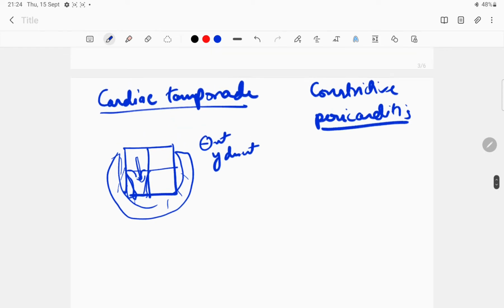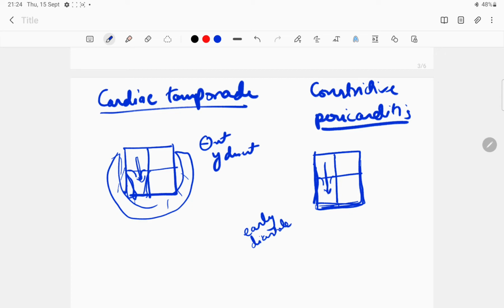While coming to constrictive pericarditis, suppose this is the heart, and here there is diastolic resistance because the ventricles cannot relax fully because of the constriction. So whatever blood has to come from atria to ventricle will come in the phase of early diastole. The maximum amount of blood will come in early diastole, because the heart knows that in the mid and late diastolic phases the constriction will not allow the ventricles to relax.